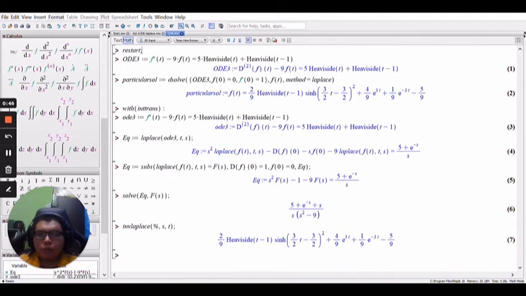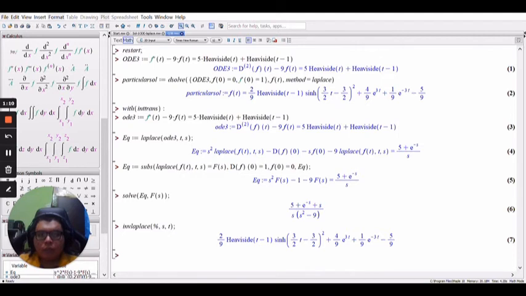Question 3B is a second order differential equation, ODE3, given by f double prime t minus 9 times f(t) equals g(t), where g(t) is 5 times Heaviside t minus Heaviside t minus 1. So it will be displayed like this.